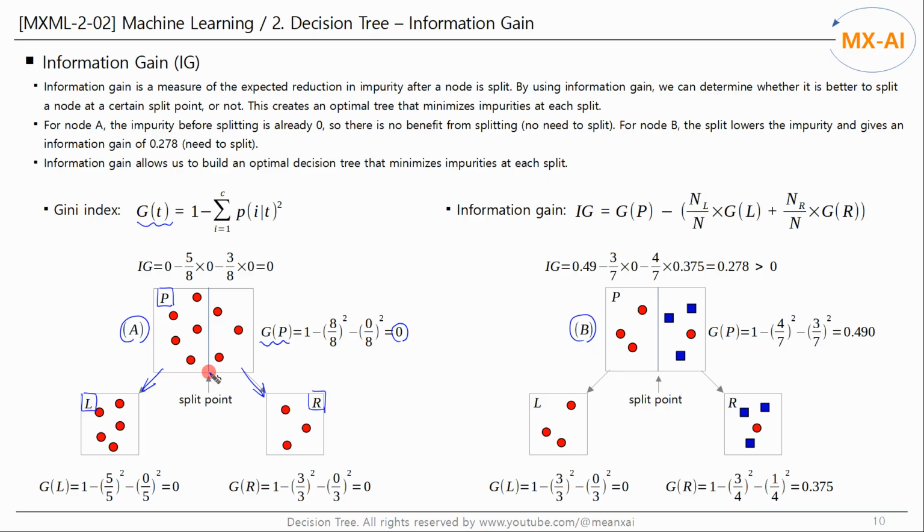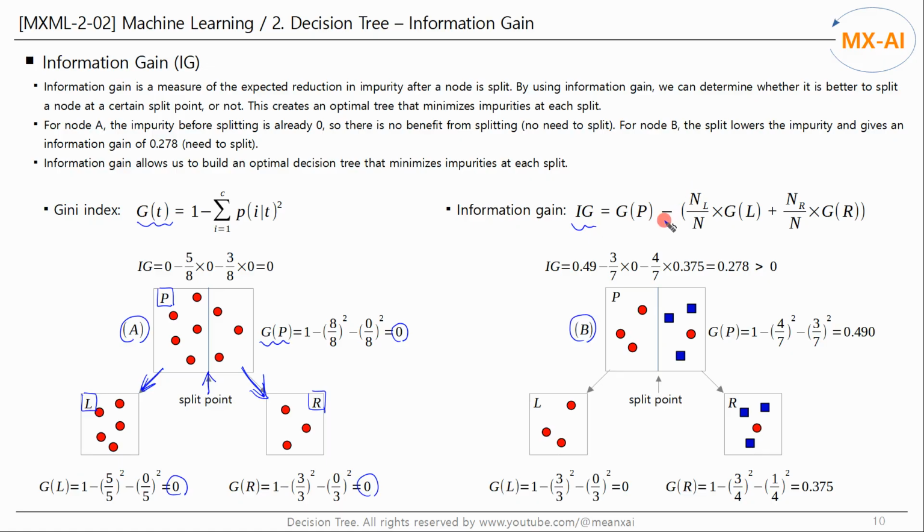We use this split point to split the parent node into two child nodes. The left child node contains 5 red data points, and the right child node contains 3 data points. The Gini indices of the child nodes are all 0. Let's calculate the amount of information gain due to the split of node A. The formula for calculating information gain is as follows.